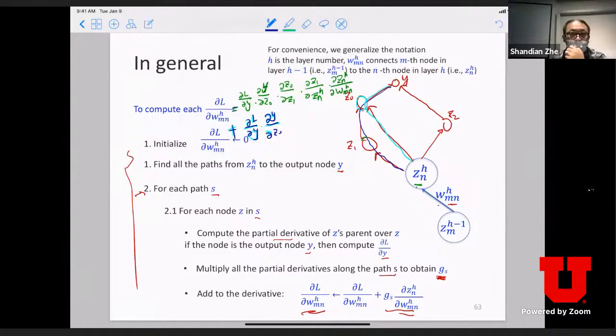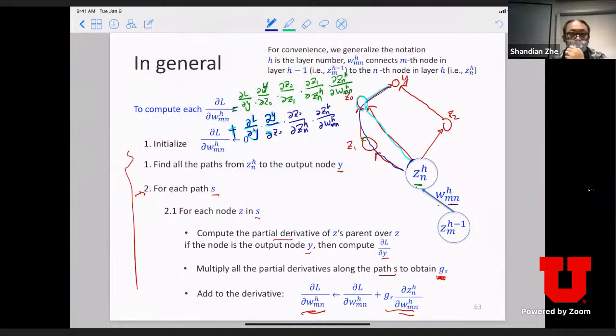Then you move to the third node in this path, Z and H. The parent node right now is Z0, so it's partial Z0 over partial Z and H. And then the last step, you multiply by partial Z and H over partial W and H. This is the second path.